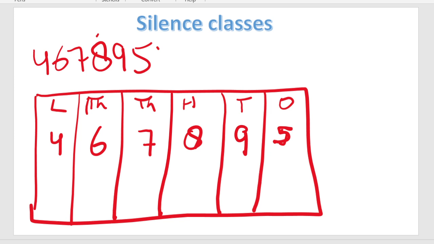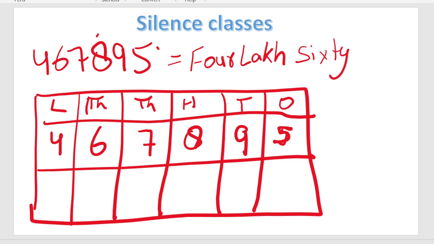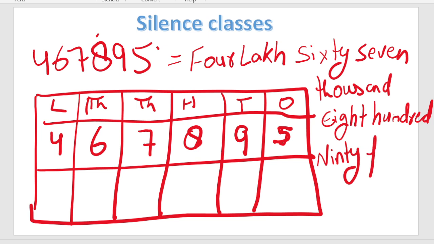Okay, so like this, if we have to write it in words, what can we write? 4 is in the lakh place, so 4 lakh. 6 and 7 are in the thousands place, because we have to take both digits in the thousands, so 67,000. 8 is in the hundreds place, 800, and 95.